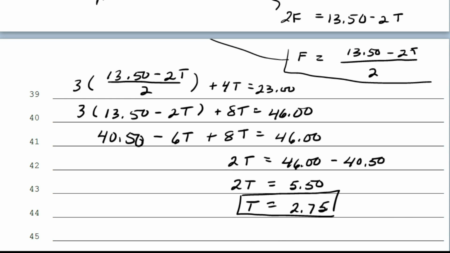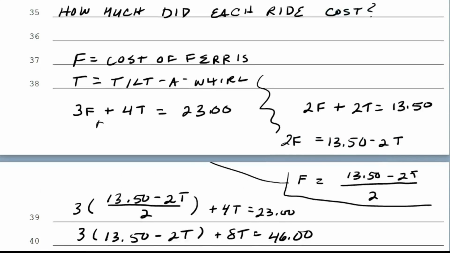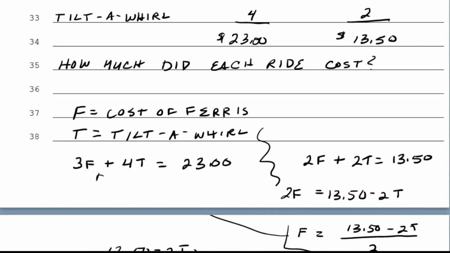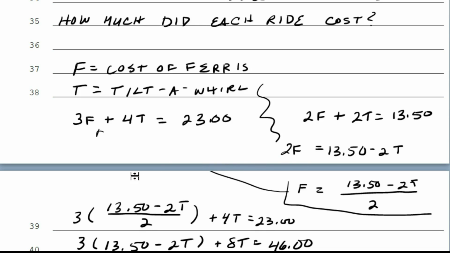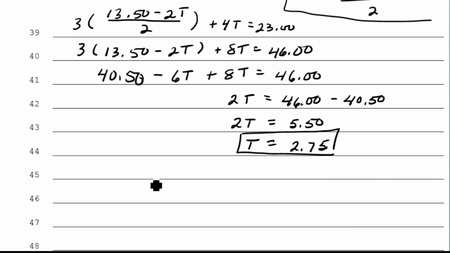And with that answer, you can put that answer back into either of these equations. 3F plus 4T sounds good. Yeah, 3F plus 4T equals $23.